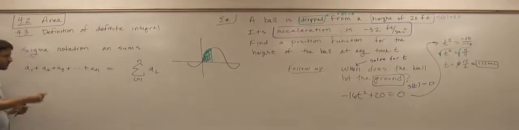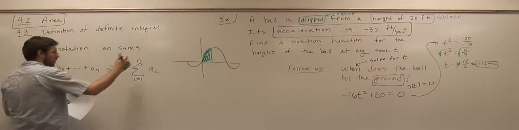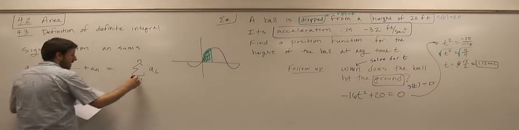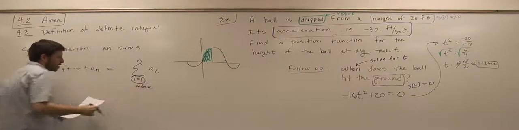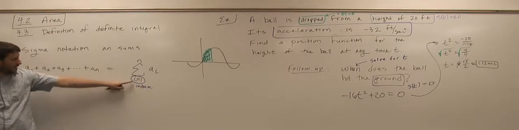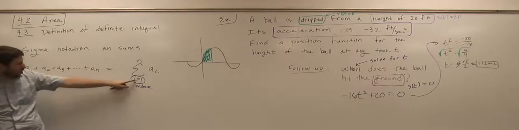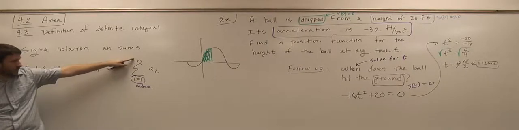But just notationally, what you call these things, this guy down here is called the index. And it's kind of like a dummy variable. The index is going to start from 1 and go all the way up to n.